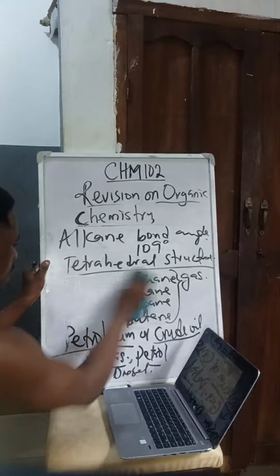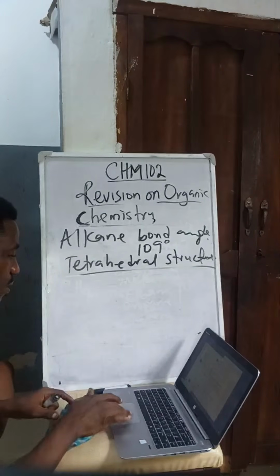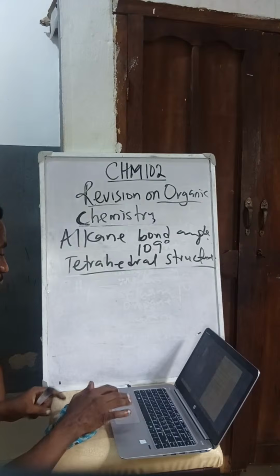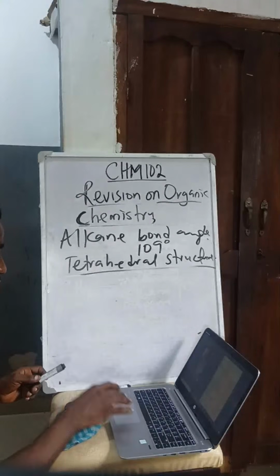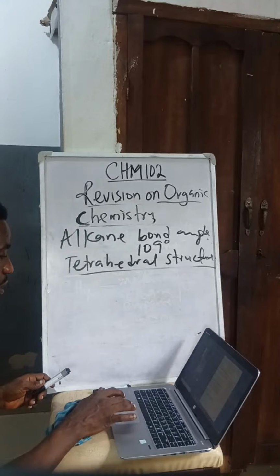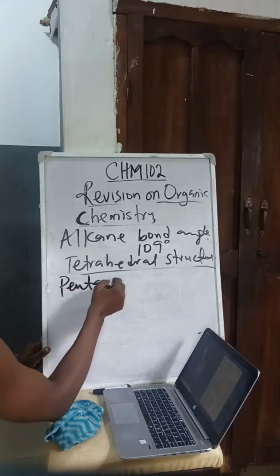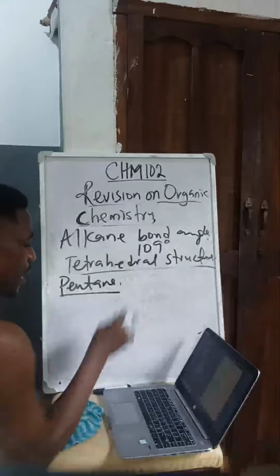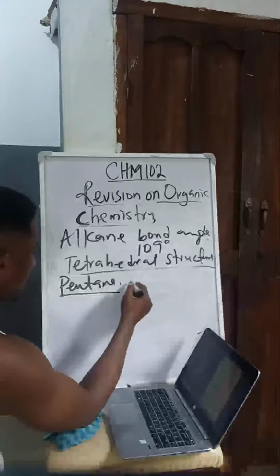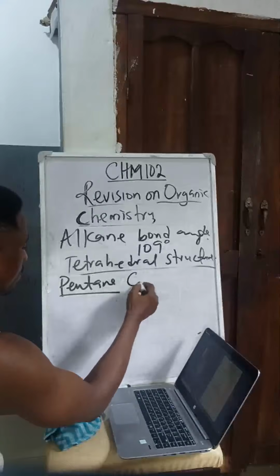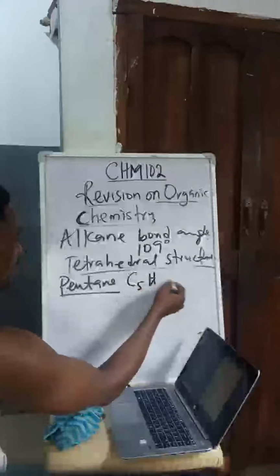Now let's watch again. Let us see something they call pentane. Pentane has C5, 5 carbon atoms, and 2 times 5 plus 2 hydrogens.